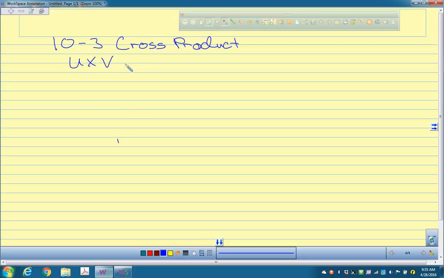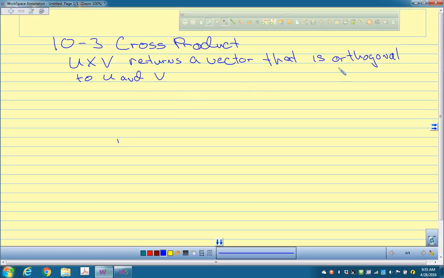U cross V returns a vector that is orthogonal, meaning at right angles, to U and V. Another word for orthogonal is perpendicular.